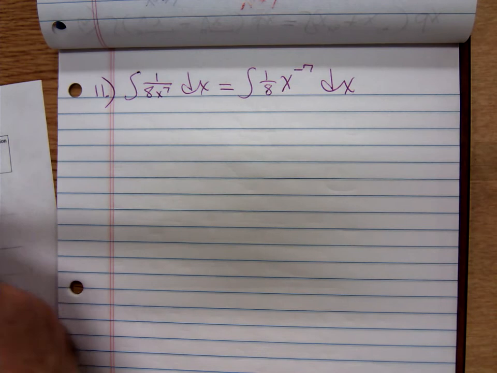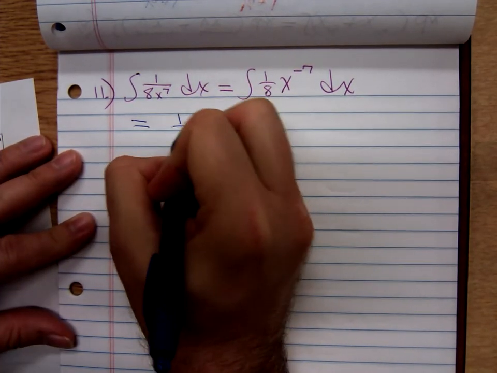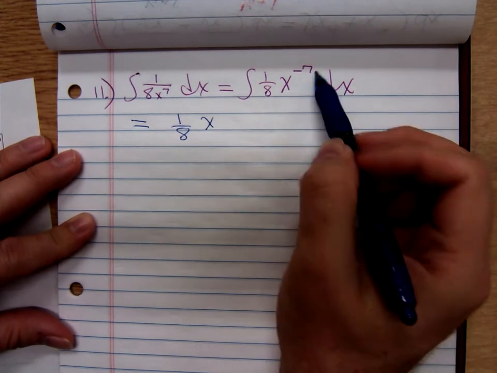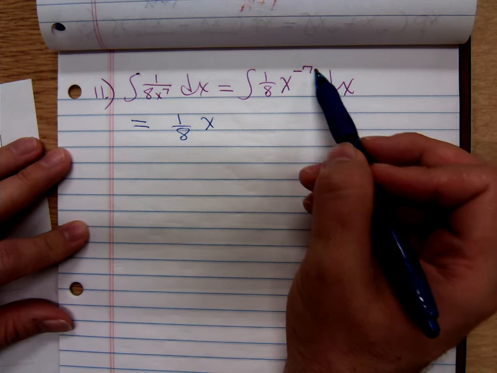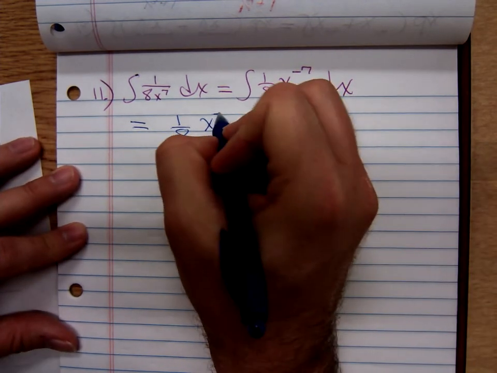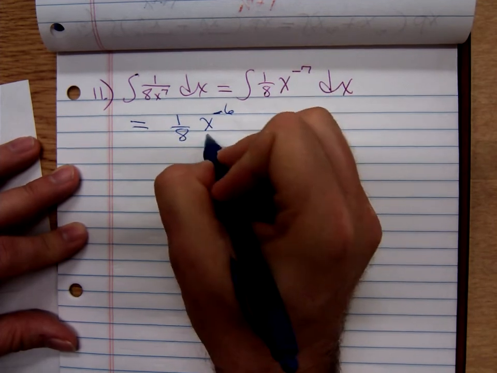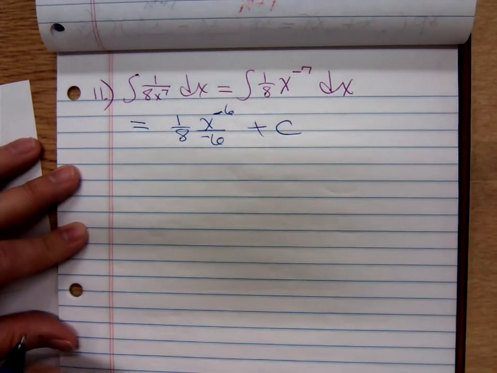And now, anti-differentiating, we have a 1/8 x, negative 7 plus 1. What's the exponent we're going to have on x? Negative 7 plus 1 is a negative 6. Divide by negative 6. Plus my constant c.